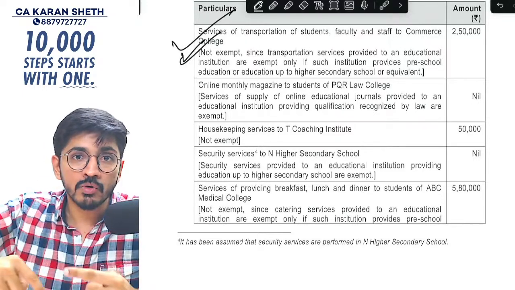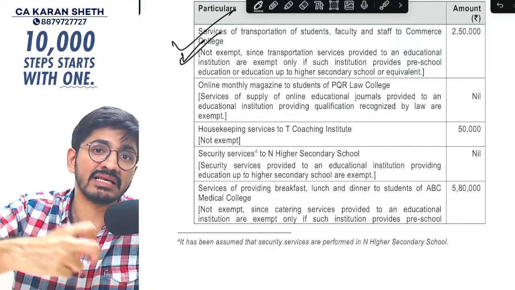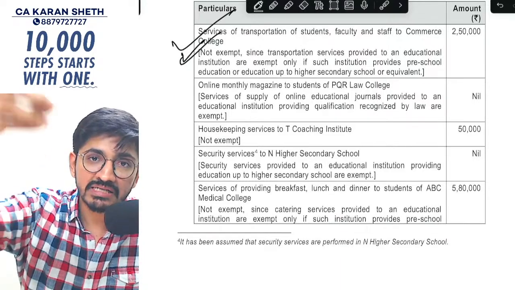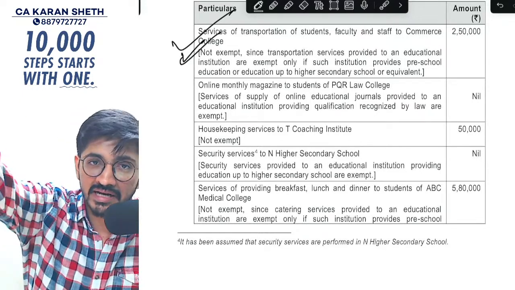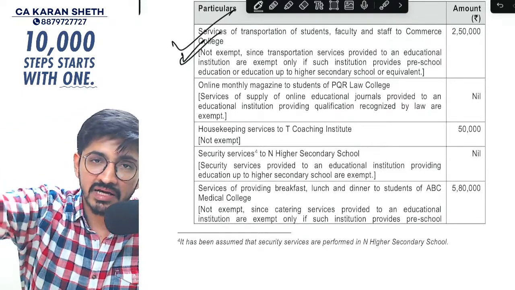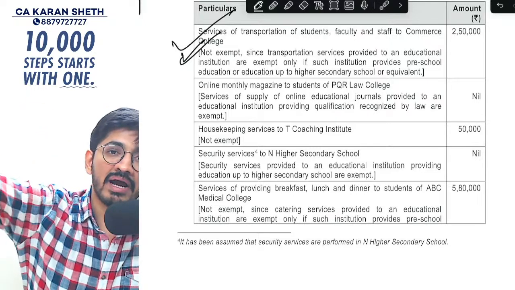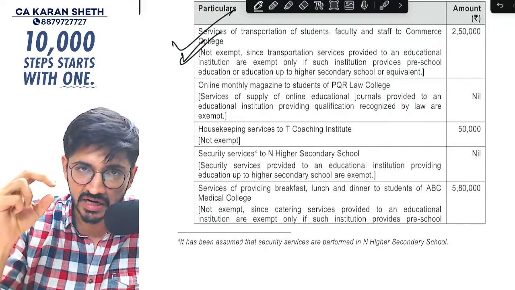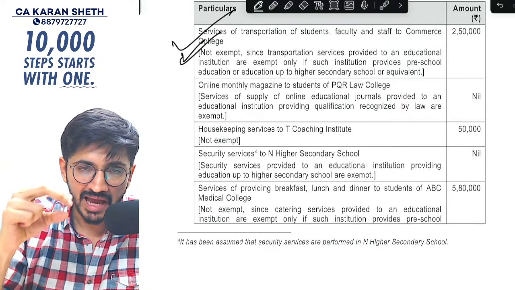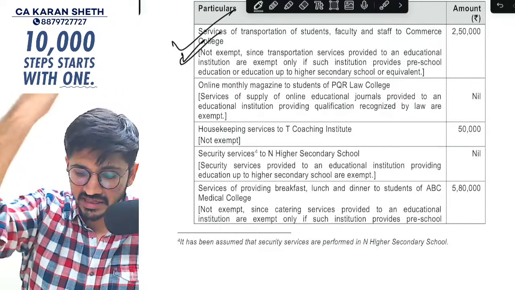Then don't go and extrapolate saying that in this scenario the recipient is a commerce law college that is basically an institution that gives a degree recognized by law, which is why it is taxable. No. You have clearly mentioned the condition and it is not adhering to that, hence it is taxable.